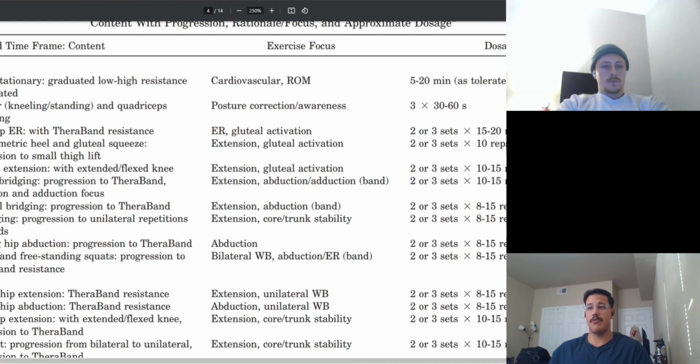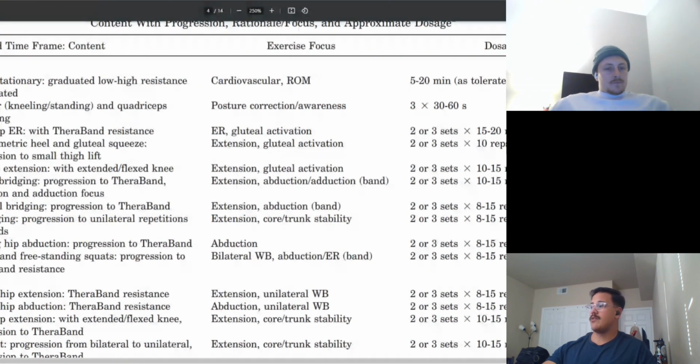Bridging, unilateral bridging or ball bridging, which is a higher level, but depending on how the patient is presenting, they may be able to do it if the pain is not within that range of extension. And then working on some glute med and more with a freestanding squat.